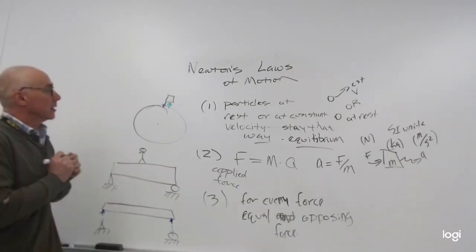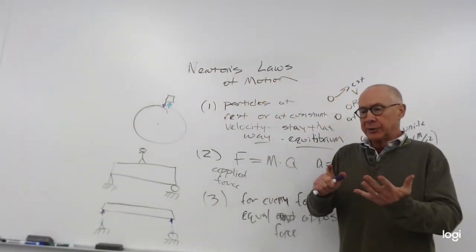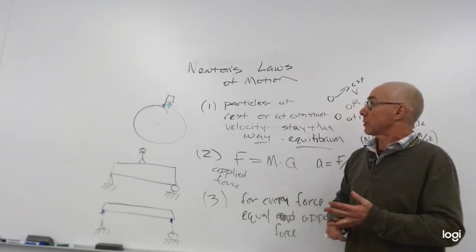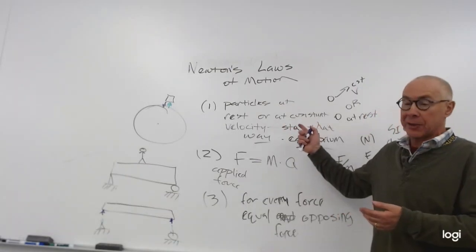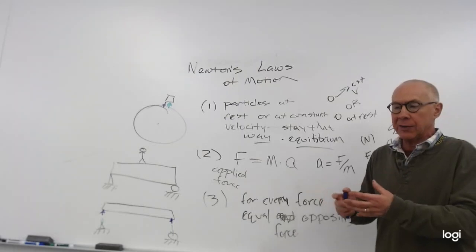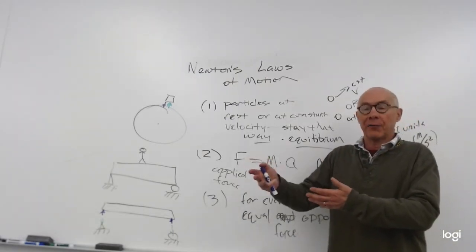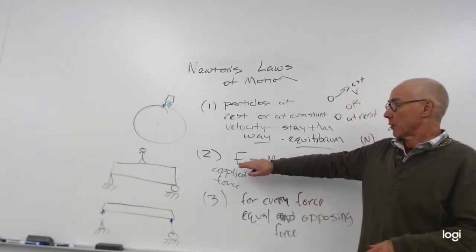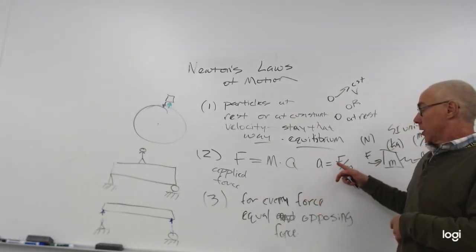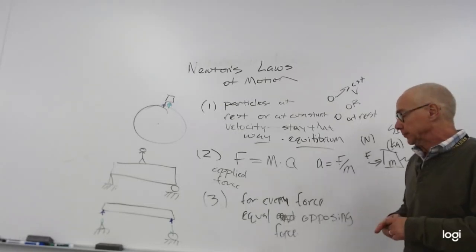Okay, so that's our quick review of physics. We talked about the relation between mass and gravity, and we talked about Newton's three laws of motion. The first is that particles at rest or at constant velocity, in other words, at their equilibrium conditions, will stay that way unless some unbalanced force is applied. We know that the force applied to an object will cause it to accelerate, proportional to the force and inversely proportional to the mass of the object.